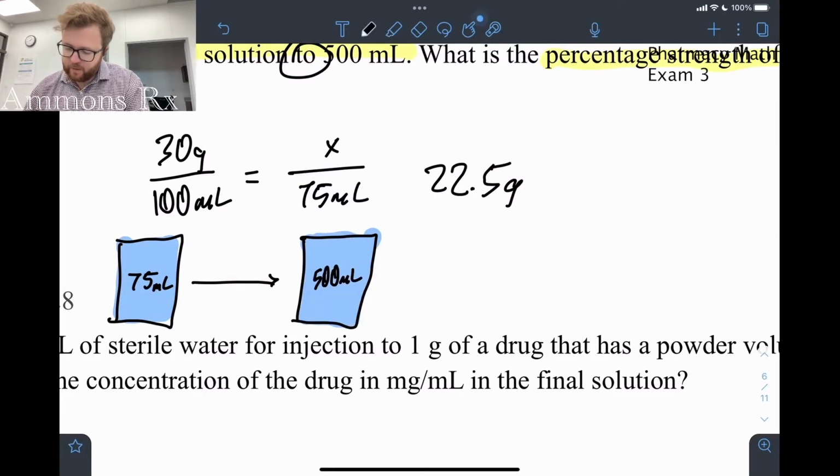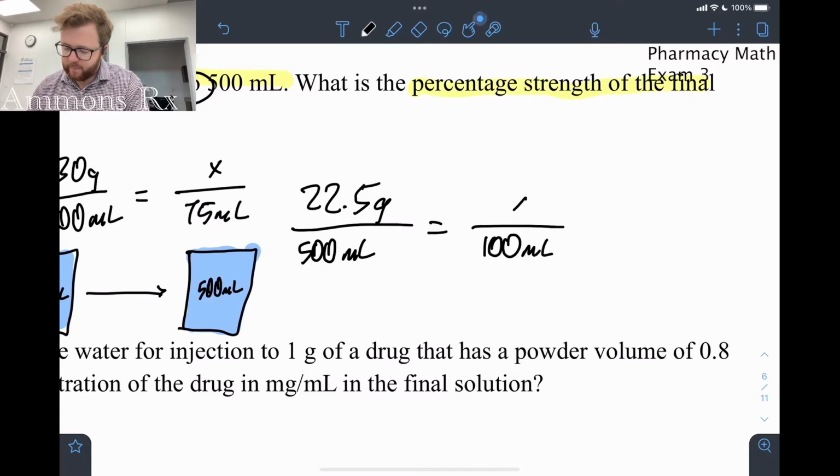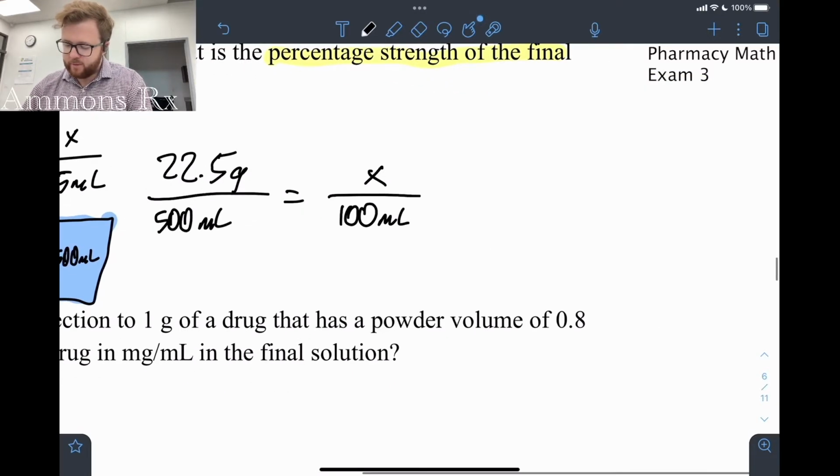Okay, so you're going to put your 22.5 grams in 500 mils, but what is the percent strength? That should be 4.5%.